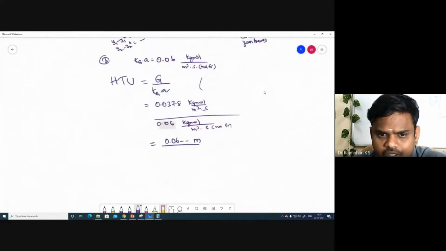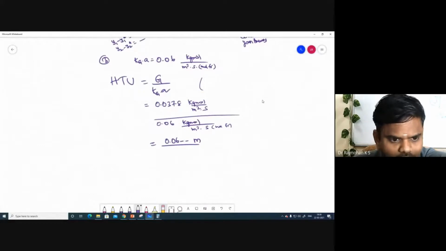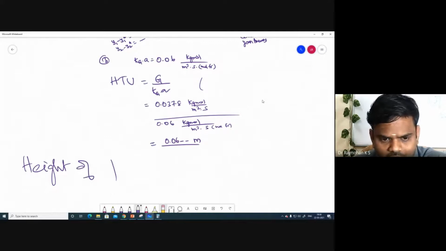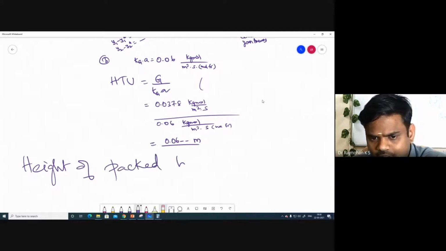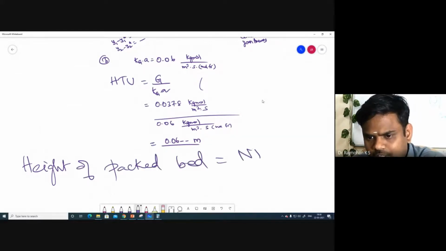Now what is the height of the packed tower? The height of the packed bed is equal to NTU into HTU.